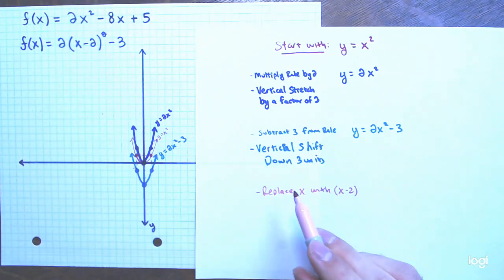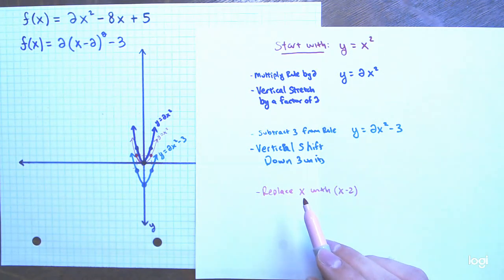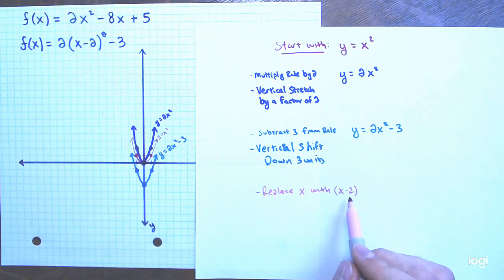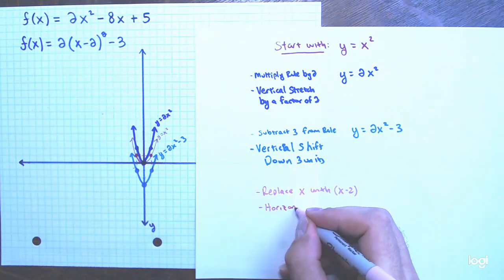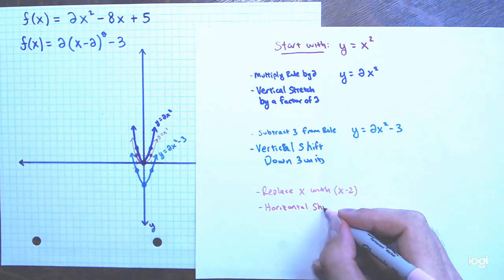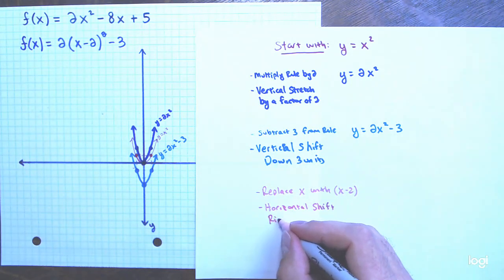And when you replace x's in a rule, you're causing a horizontal transformation, not a vertical. When you replace x with x minus h, and h is positive, h is positive 2 here, that's going to move it to the right that many units. So this is a horizontal shift right 2 units.